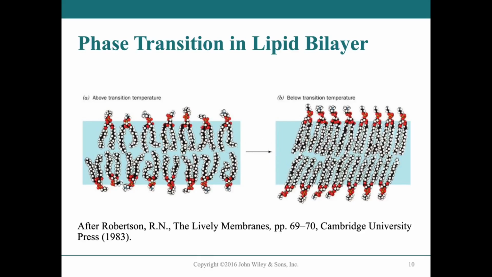It is due to several factors, such as the degree of unsaturation of the tails. When we say unsaturation of the tails, we mean the kinks in the tails of your lipids because of the double bonds. Remember, this is a fatty acid molecule, so you have long chains of hydrocarbons.